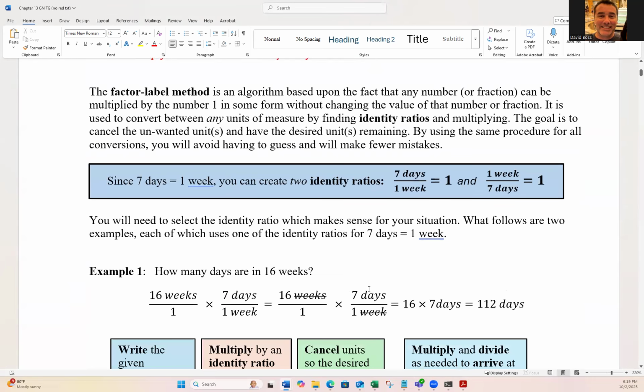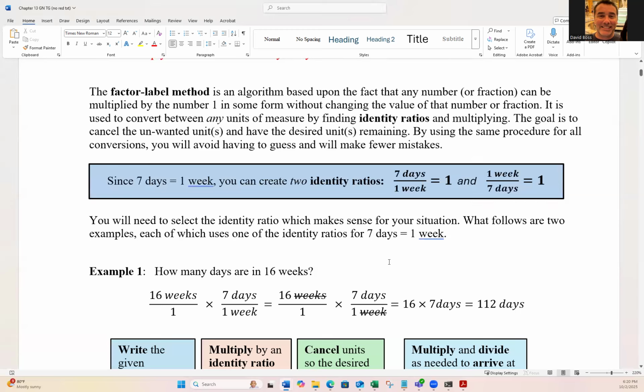There's also something called the factor label method. Basically, what you're doing is multiplying your initial value by 1. Multiplying anything by 1 gives you the same answer, so you're not changing the value of what you have. Since 7 days equals 1 week, you can create two identity ratios.